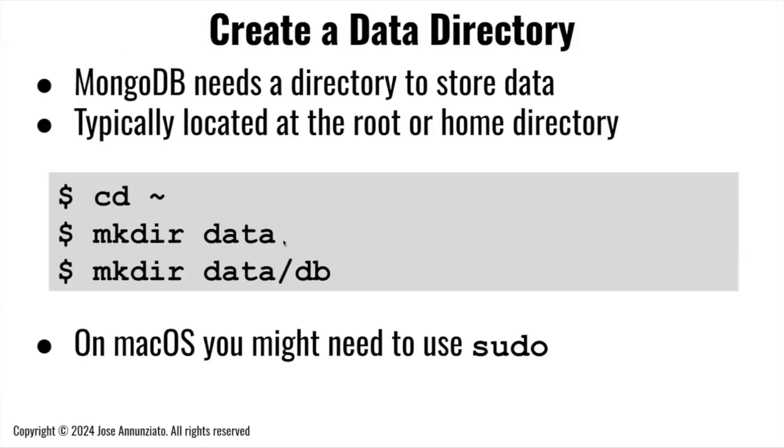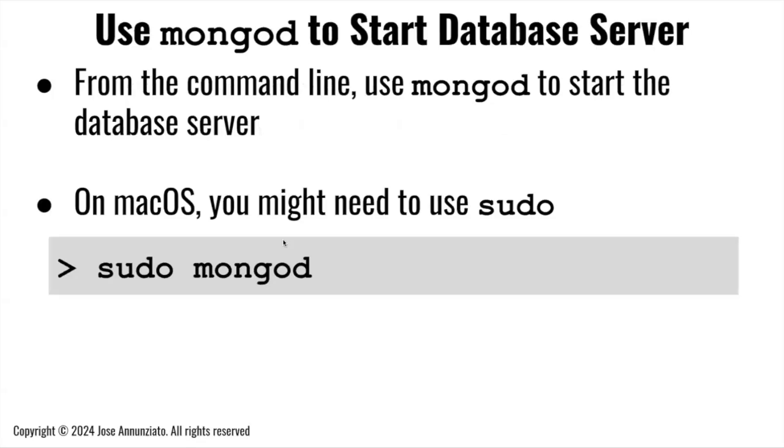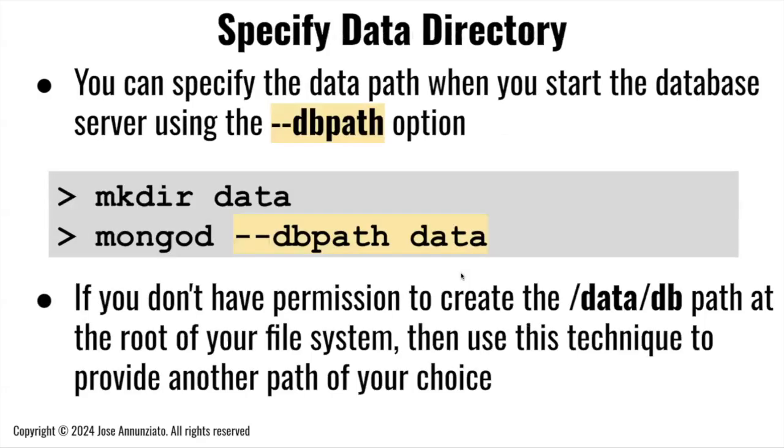In that case, you'll need to tell it where to find the data folder. If it's not at the root in the default place, you'll need to specify it by using the --dbpath option, and you can give it the folder path of where to find the data folder.